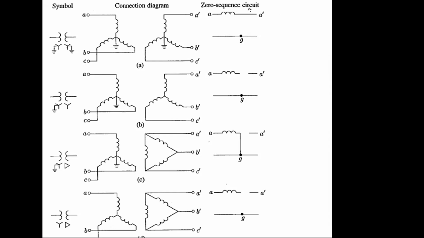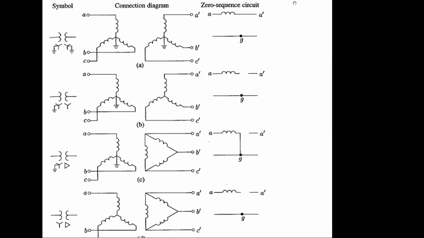So the zero sequence circuit based on these different configurations is given here in this chart. Actually, how to replace that zero sequence transformer circuit to generate the zero sequence equivalent network, because you have a generator, you have a transformer, as well as you have a line.